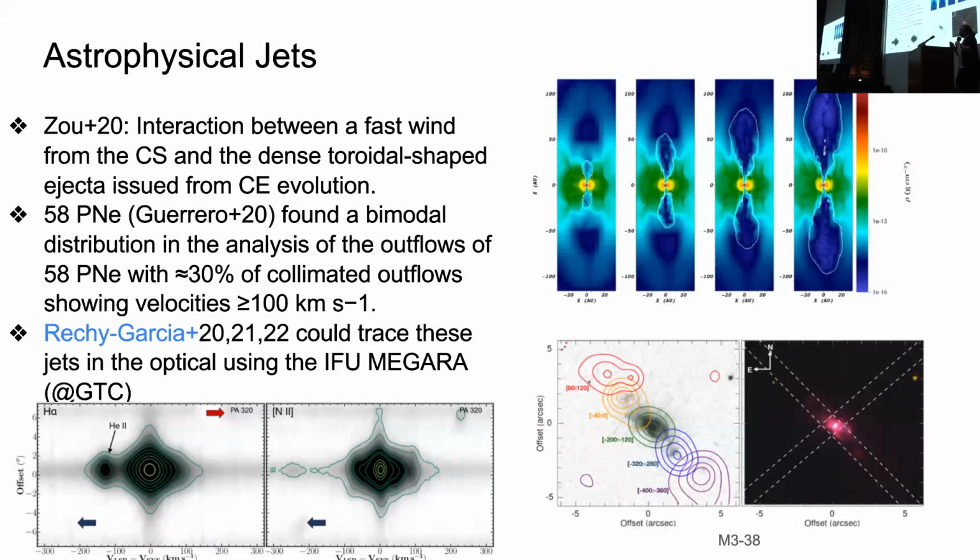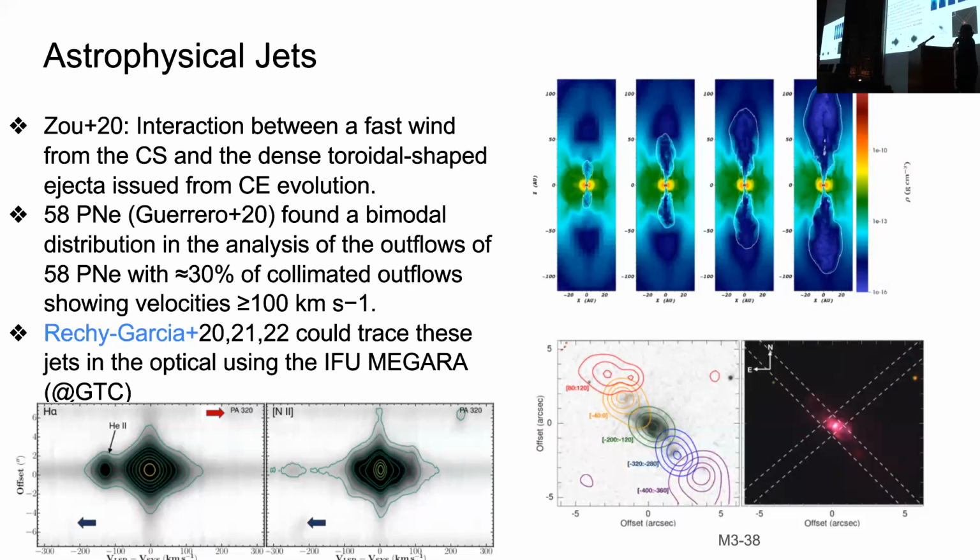If you have the interaction between fast winds and a previous dense equatorial plane, you can have that kind of object. So he said that you do not necessarily need magnetic fields all the time to launch your jets. Of course, you're not going to have exactly the detail of some of the post-AGBs. You cannot reproduce the detail that we see in some planetary nebulae, and post-AGBs as well. But for the most simple bipolars, that can work.